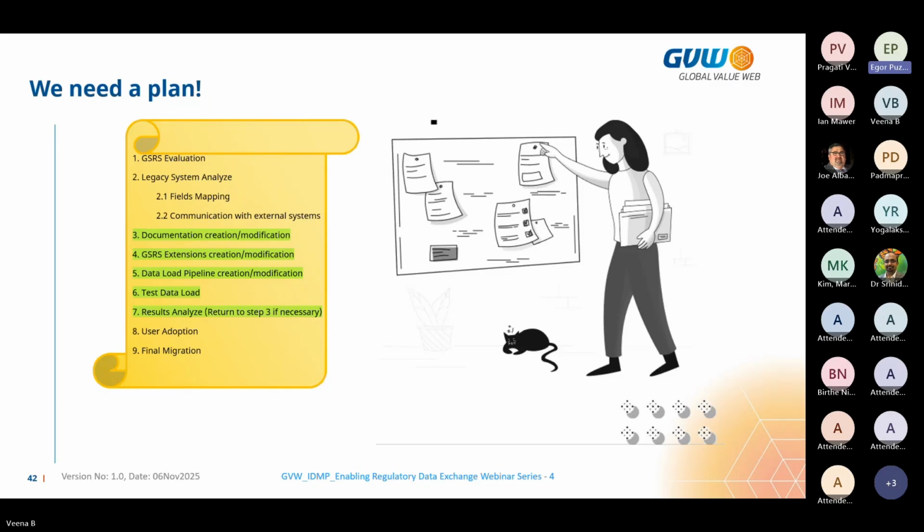The next step, we need to implement the data load pipeline. It's actually how we migrate data from our legacy system to the new one. Later on, I will show an example of how we implemented this at BfArM and EMA. Then we need to repeat these steps several times: documentation, extensions modification, data load plan, and then test runs and results analysis.